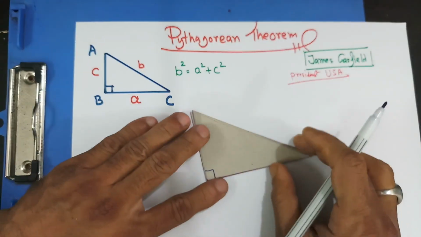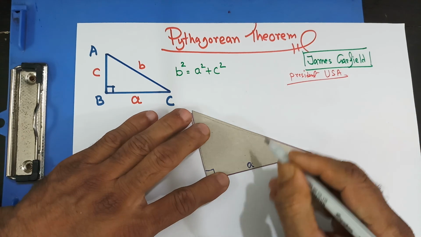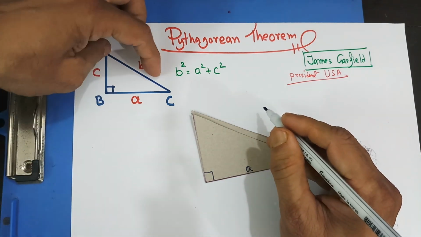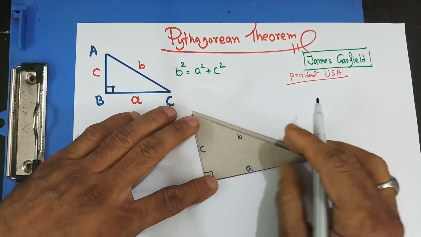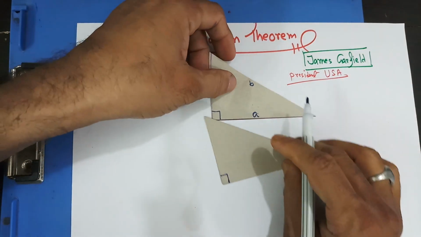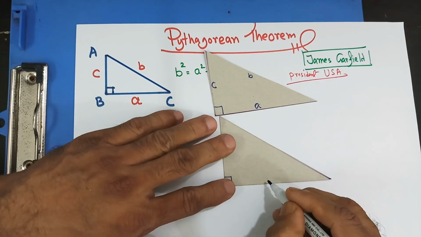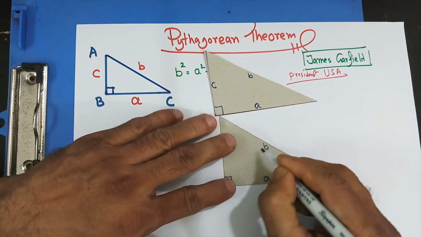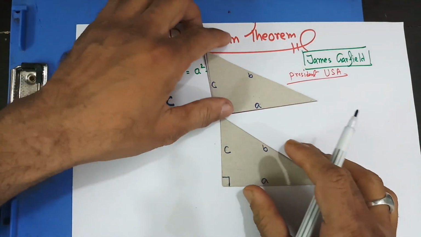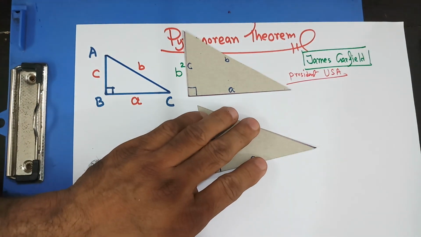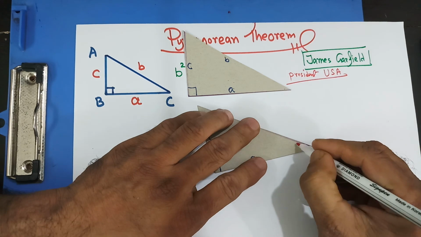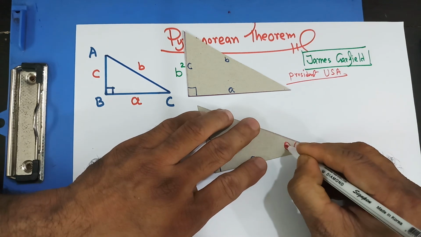This base BC is represented by a, this hypotenuse is b, and this perpendicular line is c. I'm going to do the same with this one. They are congruent, so this is the right angle triangle with sides a, b, and c. And one more thing I'm going to do, I'm going to represent this angle by theta. Okay, this angle is theta.